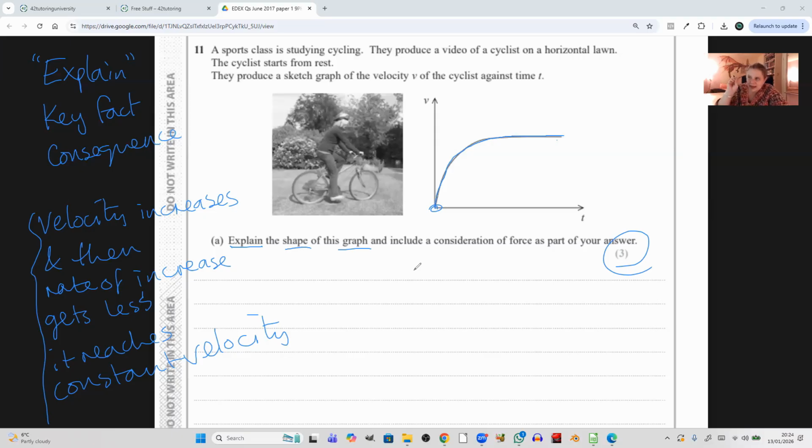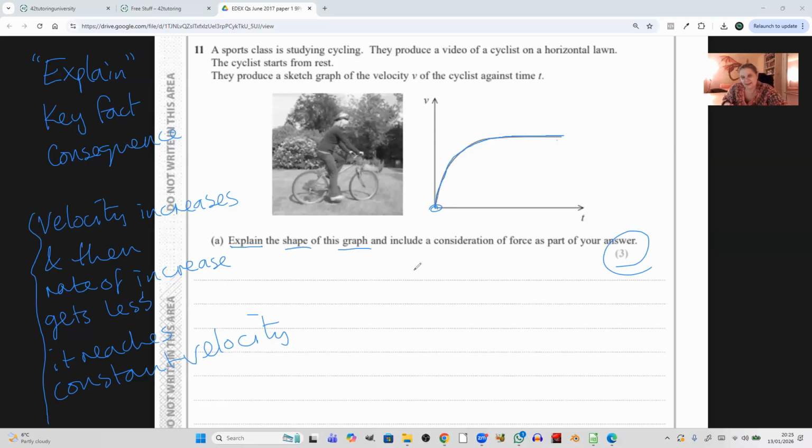So you need to be careful with your language. The rate of change of velocity is decreasing. In other words, the acceleration is decreasing. Okay, so be careful. Is that okay? Good.